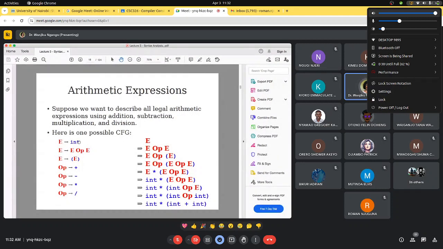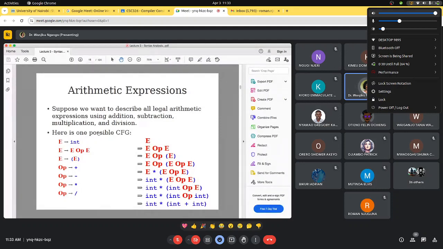In this case, whatever is in blue and lowercase is a terminal symbol. Whatever is in red and uppercase is a non-terminal symbol. Then the other option is that an expression can be written as an expression, an operator, an expression, or an expression in brackets. Operators, we have 4 different types. Operator can be written as a plus, a minus, a times, or a division.